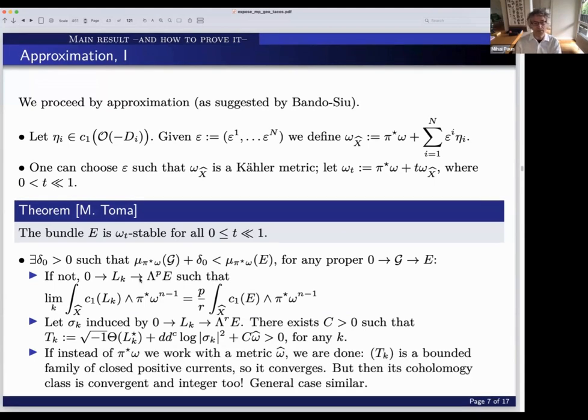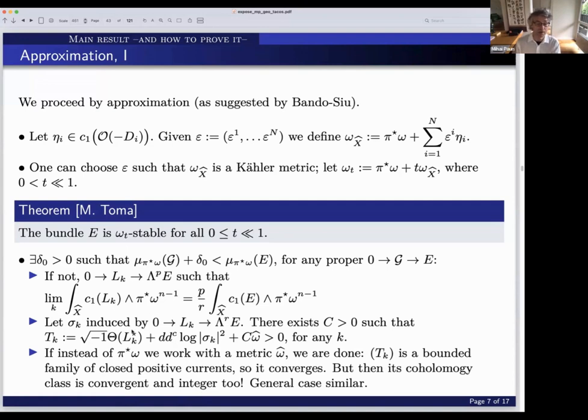Now, if instead of this degenerate metric we work with an honest omega hat, we are done, because then this family of currents is bounded. So we have a bounded family of closed positive currents, hence it converges, but then the cohomology class should be convergent as well.